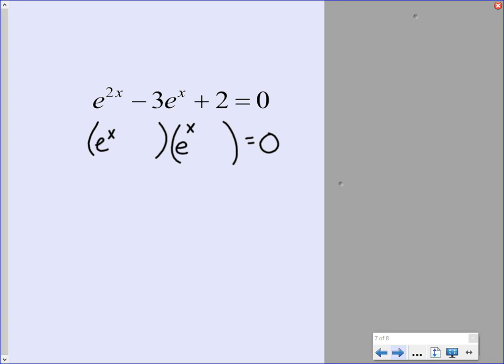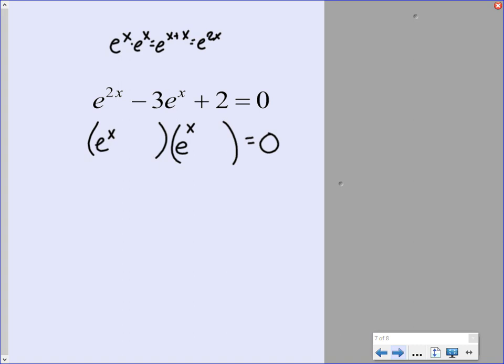Now, if you think thoughtfully, why would you think that would work? Because that's your middle term, right? So you're going to need e to the x terms to get minus 3e to the x. Think about e to the x times e to the x. What would you do with your exponents right there? Add them: e to the x plus x, that's e to the 2x. So sure enough, e to the 2x is e to the x times e to the x.